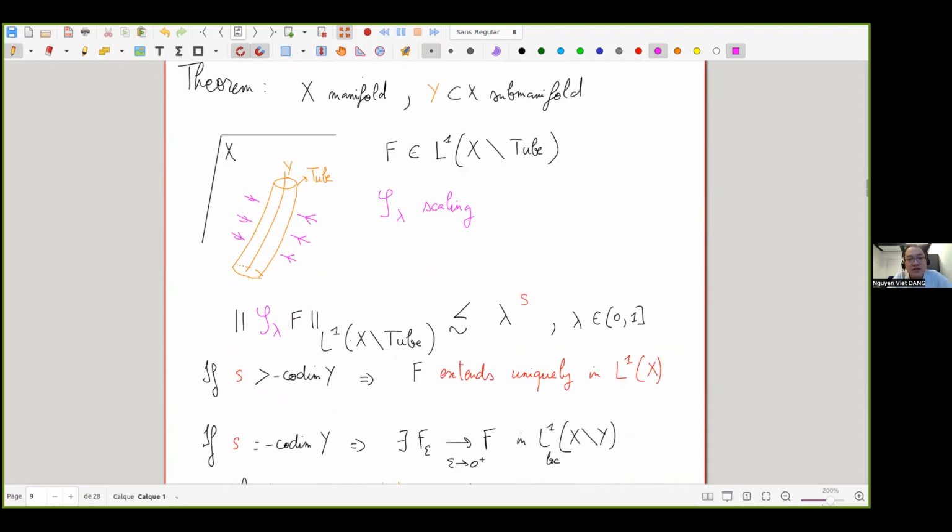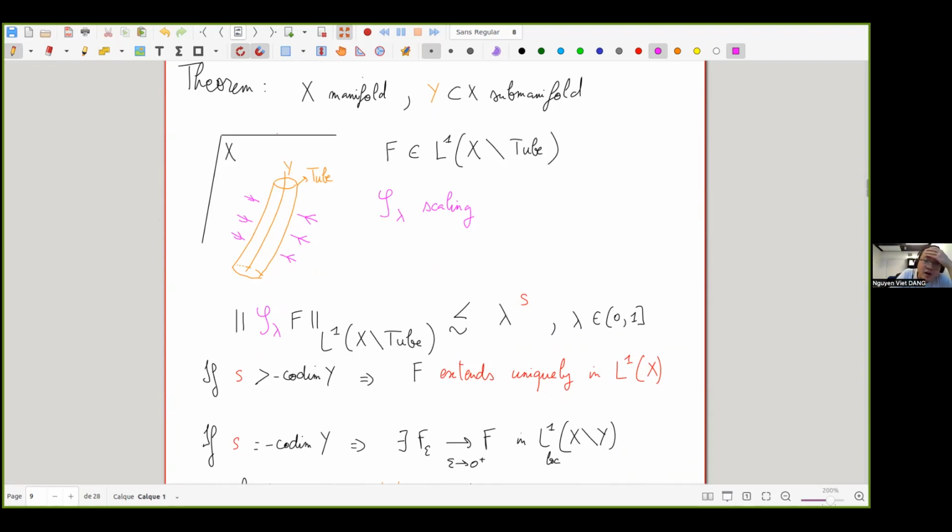So let me now state the theorem that is the main tool that we are going to use inductively to prove the baby power counting theorem. This is a kind of abstract theorem, and it can be formulated as follows.